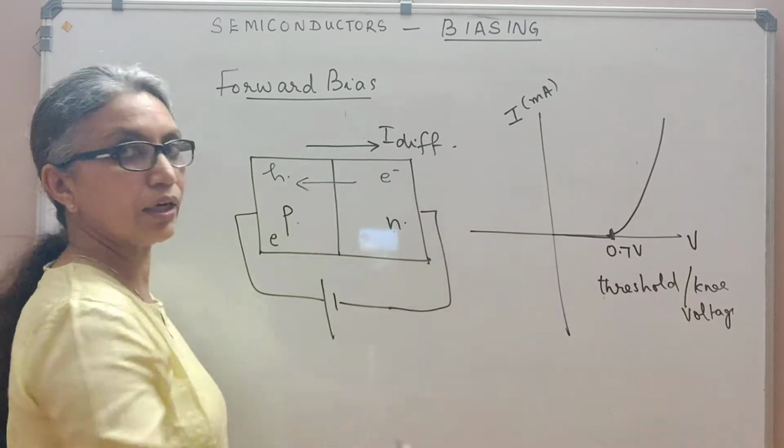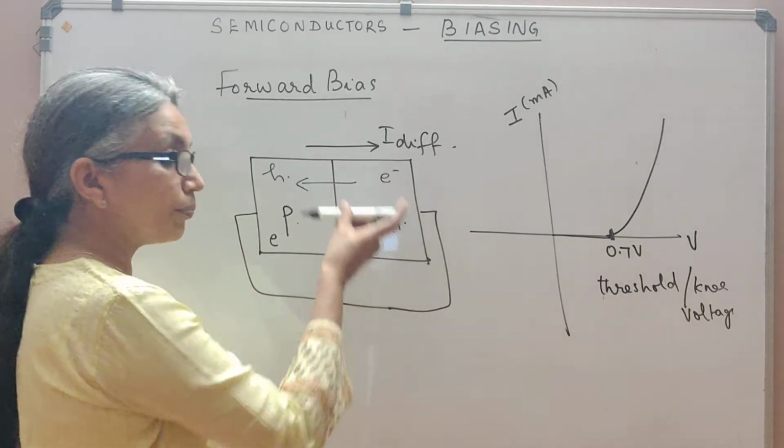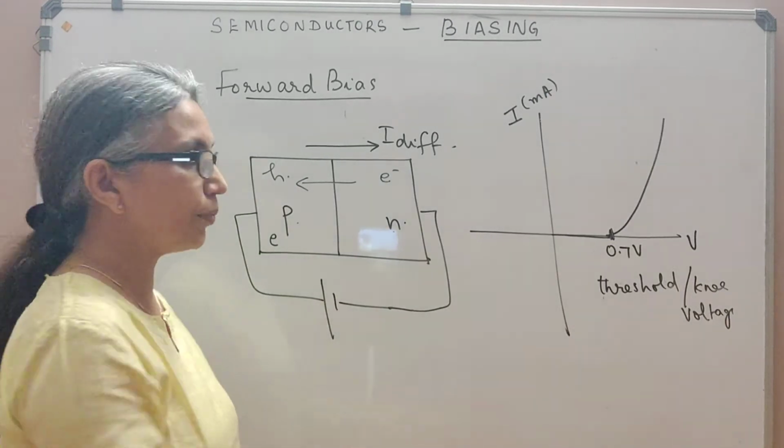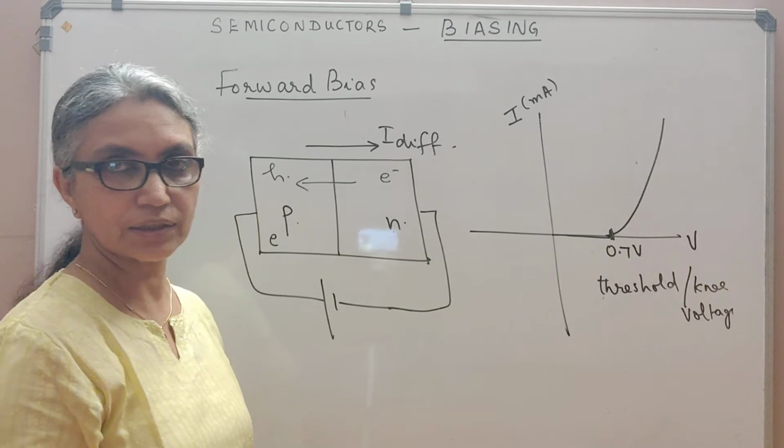So this is called minority carrier injection, because these electrons are entering a region where they are the minority carriers.